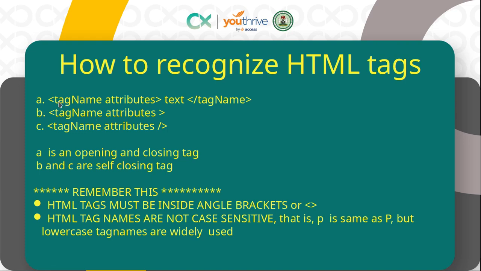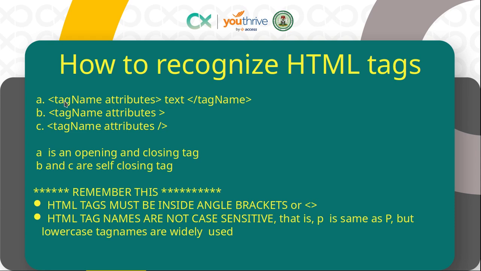So after the angle bracket, you see the tag name, attributes. Then for a text tag, it will have some text inside. There are some tags that also accept other tags as children, so you see those things inside, but just for simplicity you see tag. Then there are some tags that have opening and closing.